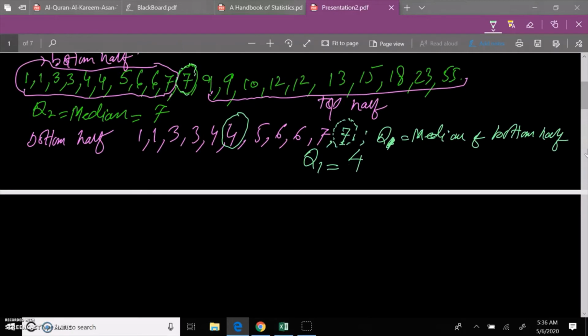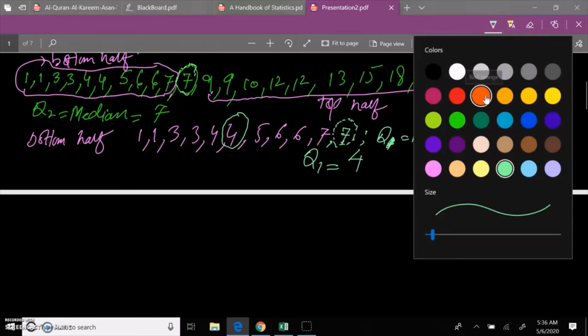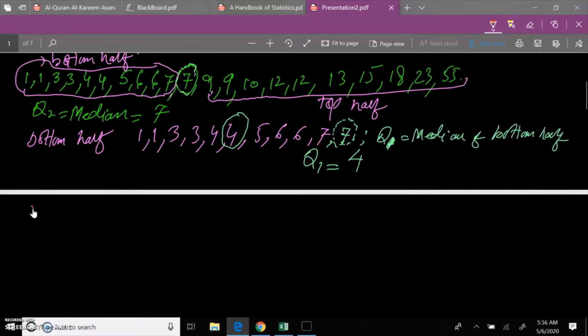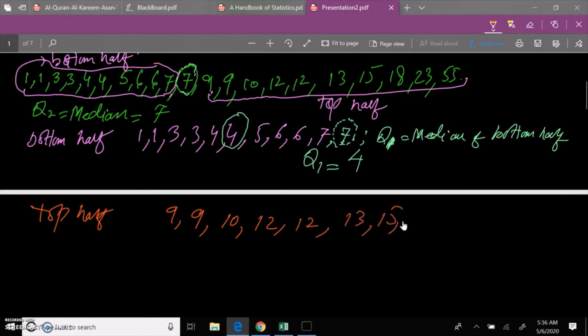Now, in order to find Q3, we have to focus on the top half of our data set. What is the top half of my data? It's 9 9 10 12 12 13 15 18 23 and 55, right?